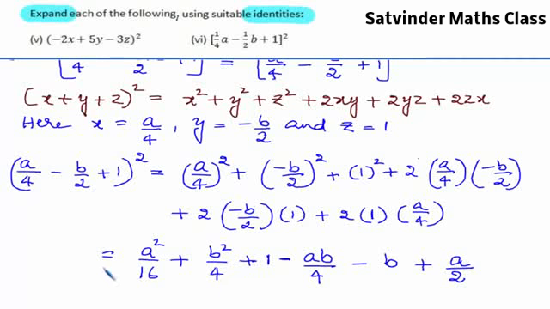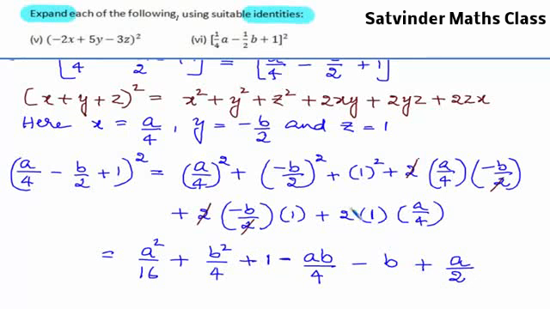So on further simplification, a upon 4 whole square is a square upon 16, plus minus b upon 2 whole square is b square by 4, plus 1 square can be written as 1. Plus into minus is minus. Here you can cancel out 2, so this will be minus ab by 4. Here plus into minus is minus. You can cancel out 2 in this, so this gives us minus b.